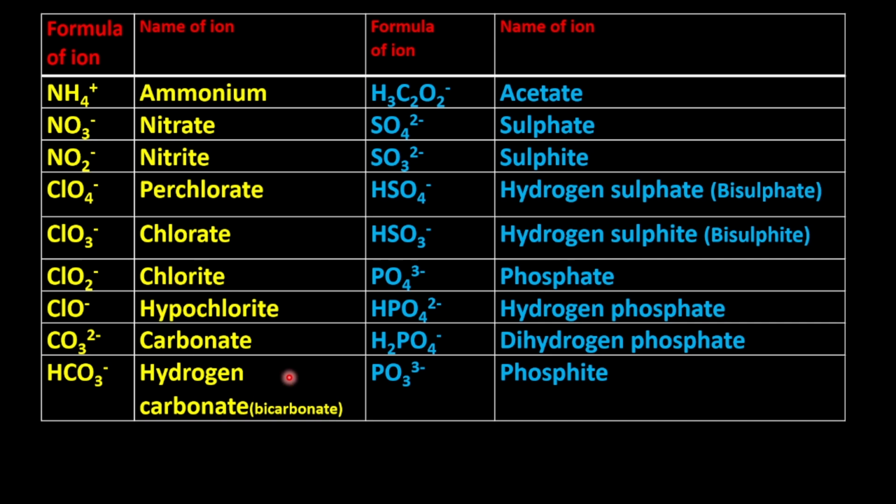So you can go through all these things for you to know their names. Now if I mention phosphate, that is PO4 3 minus. But if I say phosphite, that is different from phosphate. So phosphite here is PO3 minus.